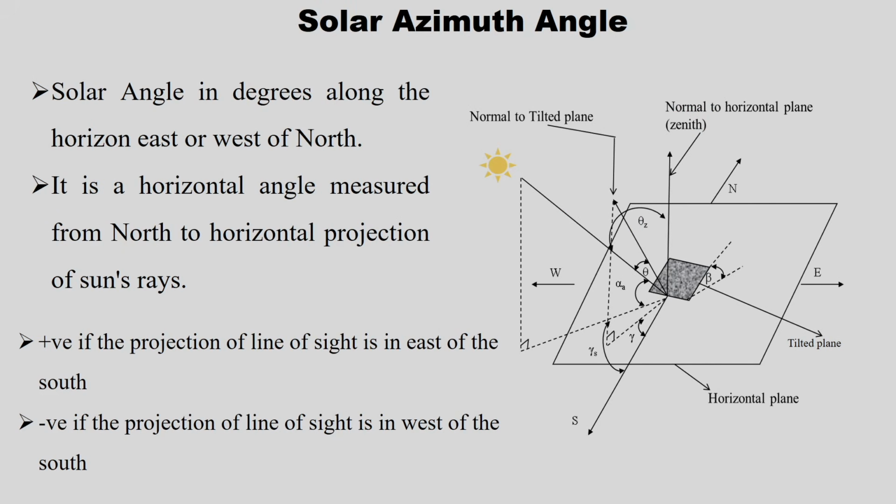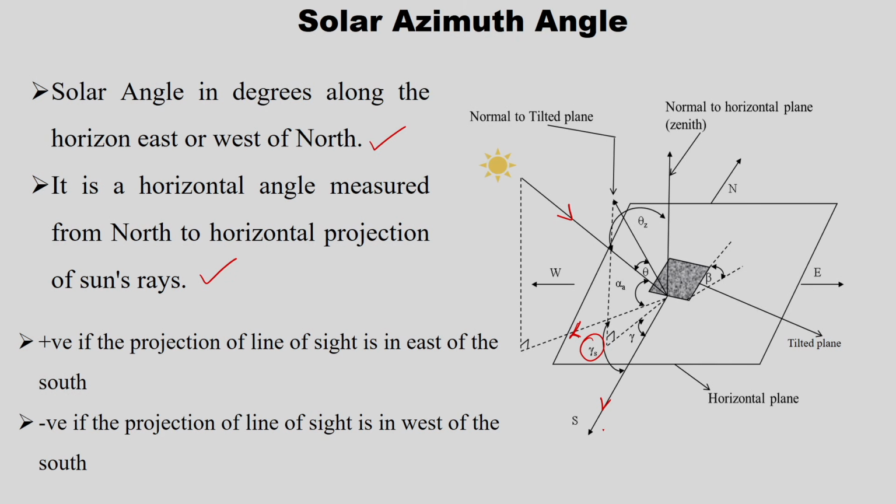The next one is solar azimuth angle. Solar azimuth angle is nothing but gamma s. It is the solar angle in degrees along the horizon east or west of north. It is a horizontal angle measured from north to the horizontal projection of the sun's rays. So, the horizontal projection of the sun's ray is this particular line, and this is the line due south.